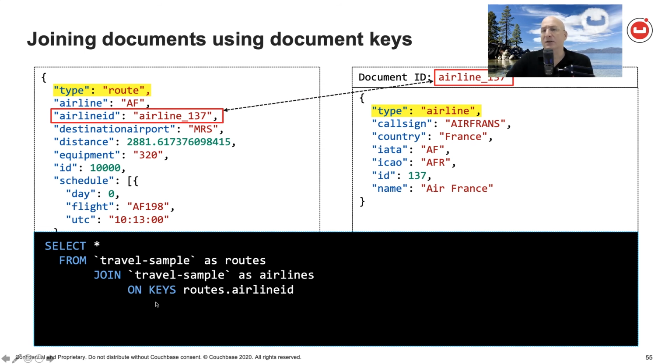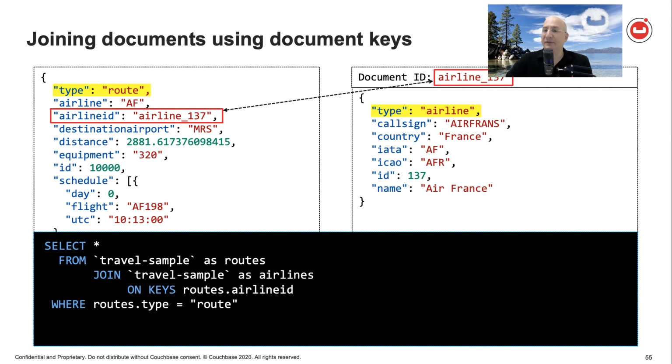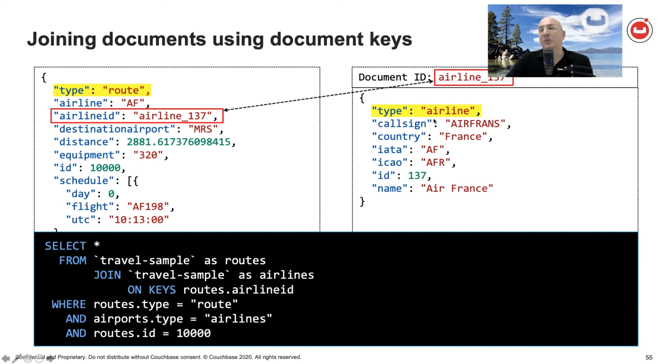This clause refers to the document key on the right side, but with a field from the left side. Then we need to specify that the document set on the left side refers to documents of type routes, and the document set on the right side refers to documents of the type airlines. Then we can add some more filtering conditions as you need.